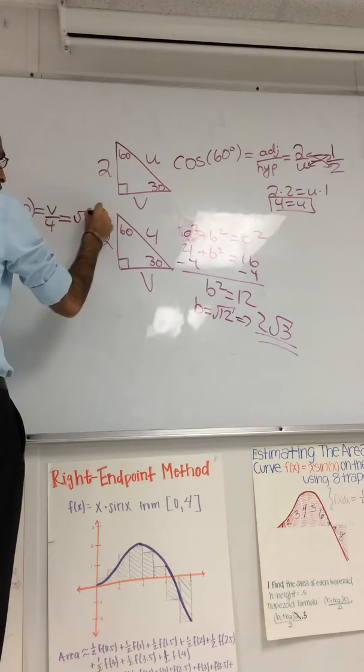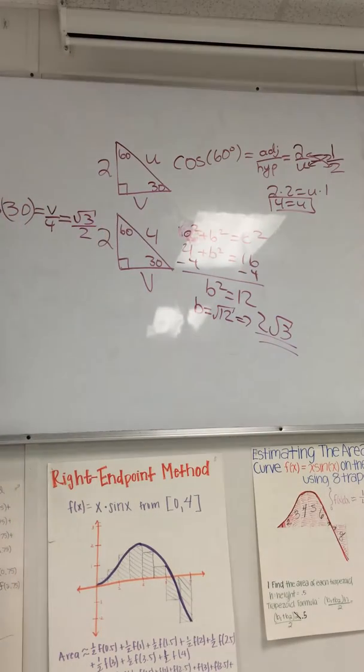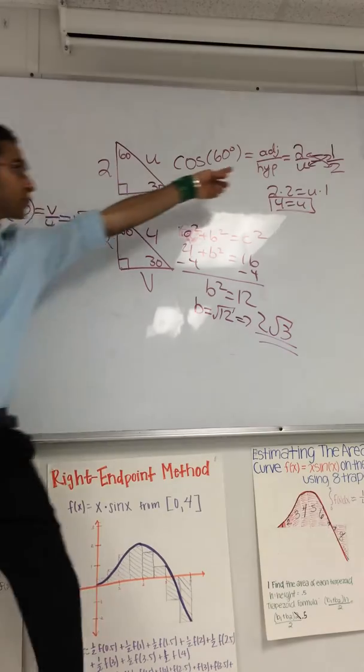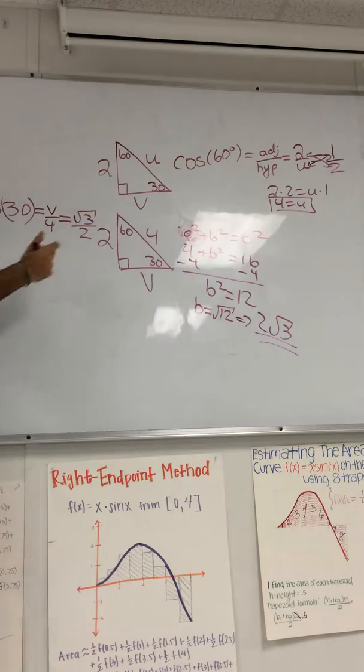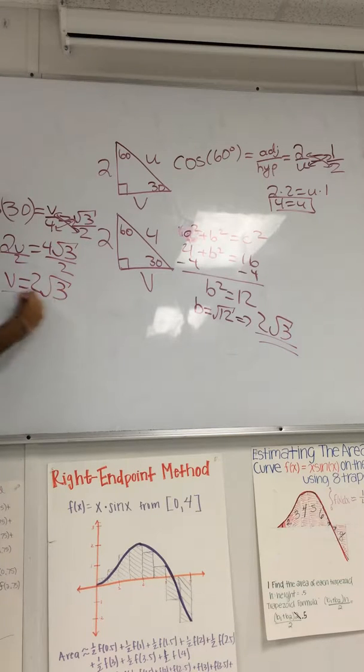Okay. Root 3 over 2. And now this is solved just like that. So let's cross multiply here. 2v equals 4 root 3. Divide by 2, divide by 2. V equals 2 root 3. That's another way.